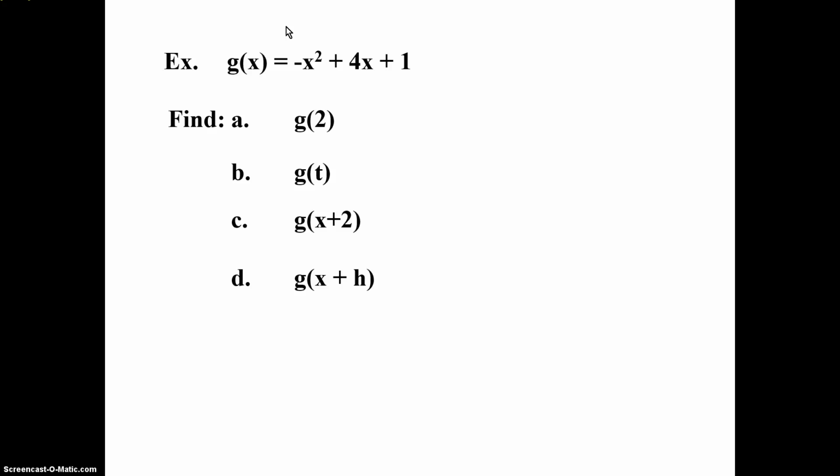Your variables are raised to exponents, and you have a constant. You're going to be asked to find A, B, C, and D. Go ahead and write those down, but make sure that you leave some space in between so that you can work out the problem. I'm going to give you a couple of seconds to write that down.